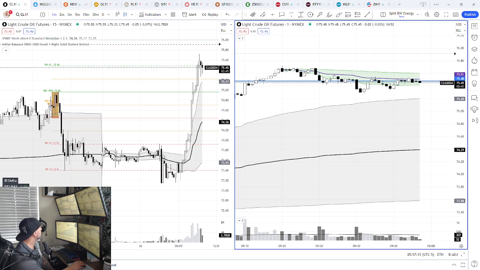I'm trying really hard not to get stopped out on this trade. I took some profits. We're just kind of consolidating this channel, so I'm probably gonna look to get out of some of this.